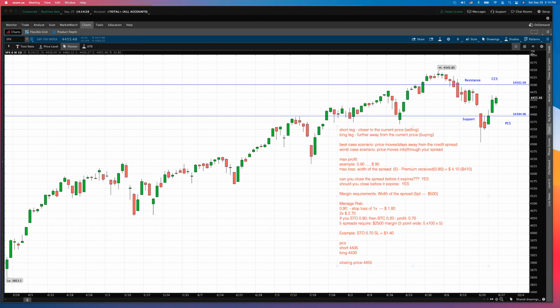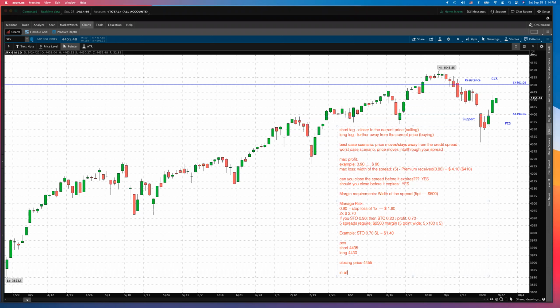In a call credit or in any credit spread. Now this is where it becomes academic. In any credit spread, the short leg is always closer to the current price. Let me write this down.